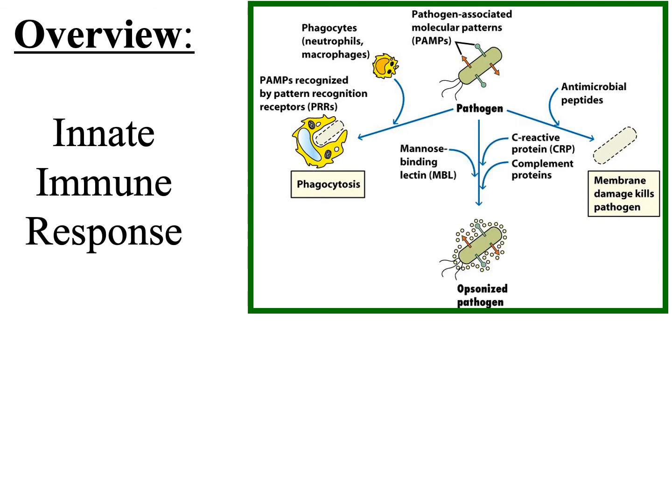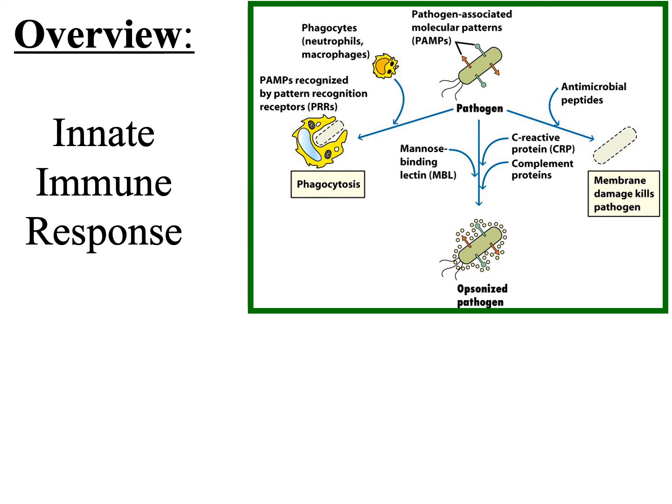Now, looking down the center of the slide, if a phagocyte does not interact with the PAMP via its pattern recognition receptors to initiate phagocytosis, or if an antimicrobial peptide doesn't play a role in the destruction of the pathogen, there are still additional components that can cause the overall destruction of the potential pathogen. This comes into play by molecules that are known as opsonins. Opsonins are molecules that tag or target an antigen for phagocytosis.